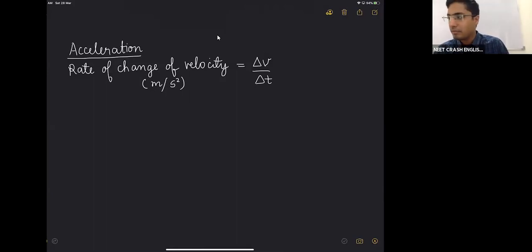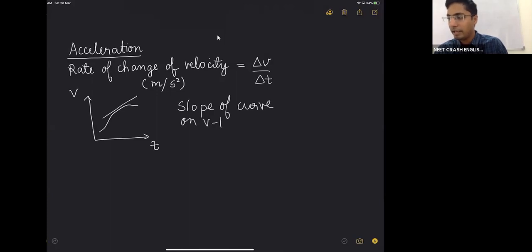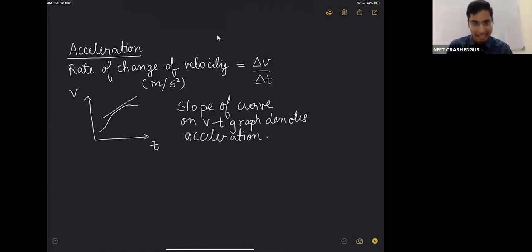Now again on a velocity time graph, slope of the curve on VT graph denotes the acceleration.